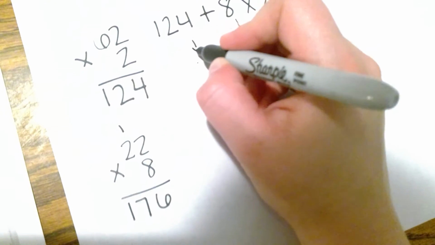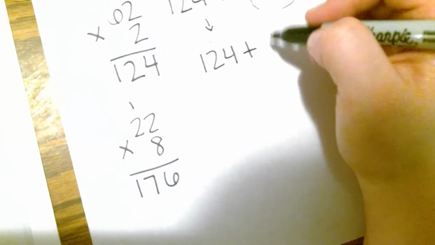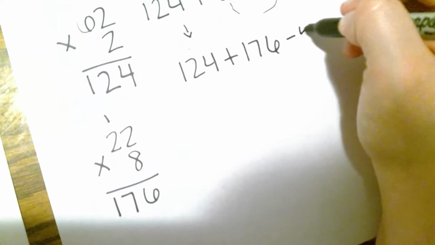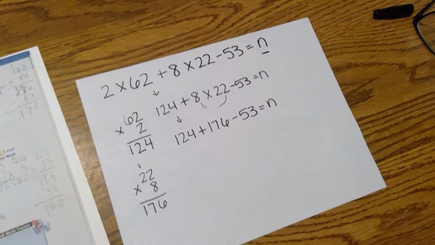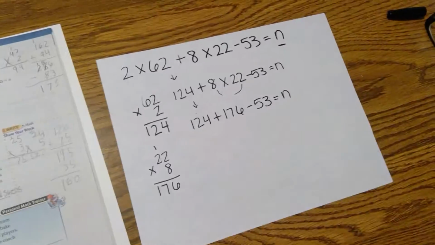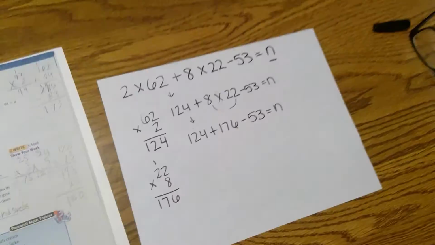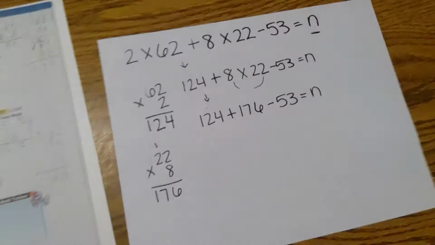So now we have 124 plus 176 minus 53 equals n. Now we're down to addition and subtraction, which is the last part of our order of operations. Remember, you can do that in either order, similar to multiplication and division.